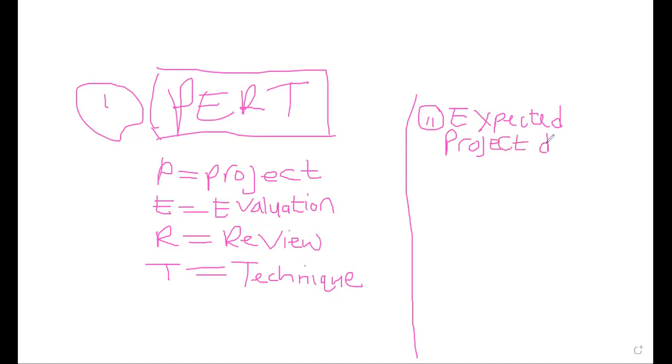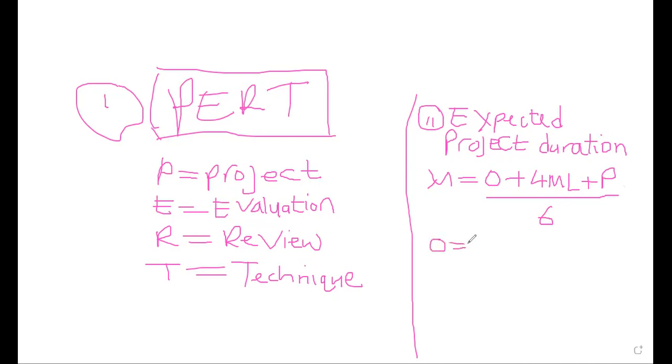This expected project duration is denoted by the symbol mu, which is equal to O plus 4ML plus P, then over 6. The O is equal to optimistic time.